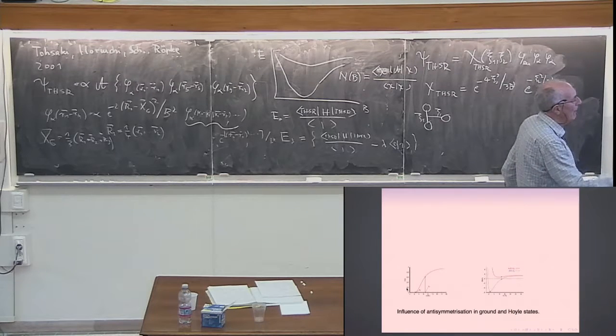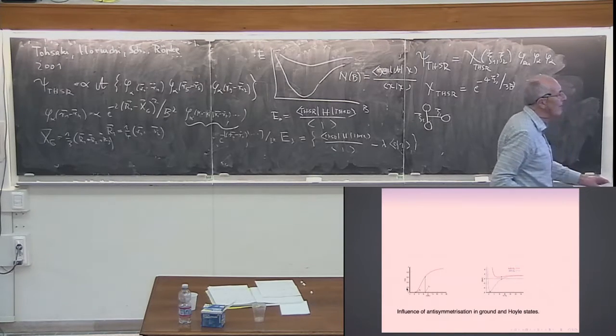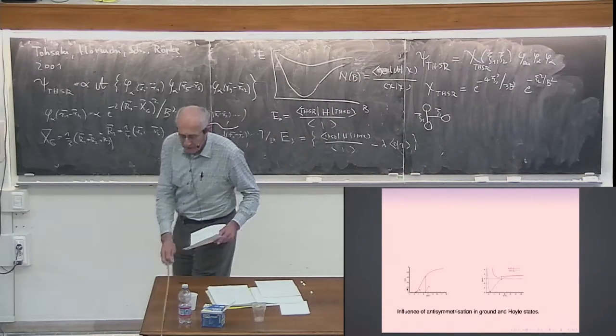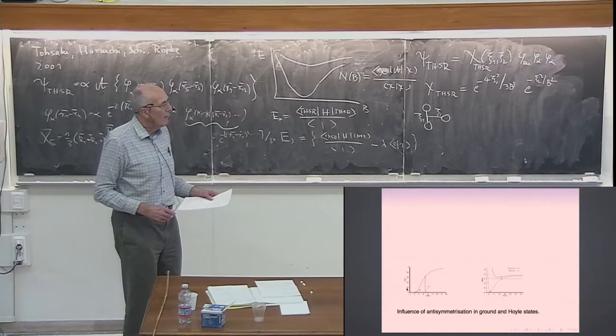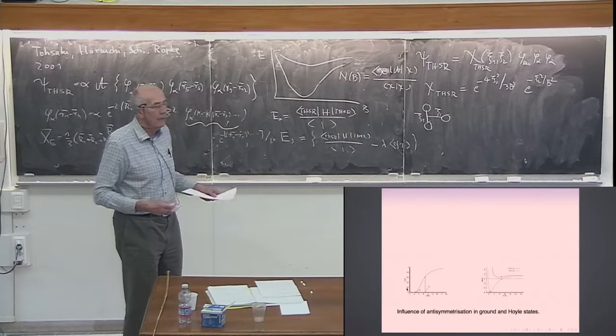But if the B parameter gets small, the Pauli principle is strongly affected, and you see here that for the ground state it's almost 0, whereas for the first excited state it is above 0.6. So the effect of the antisymmetrizer is strongly reduced in the case of the first excited state.